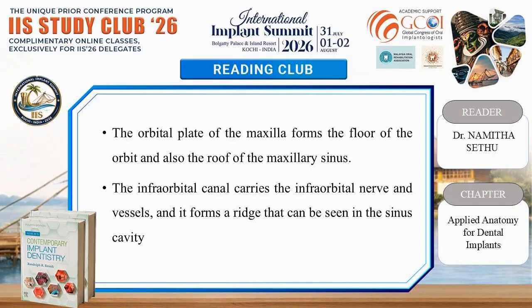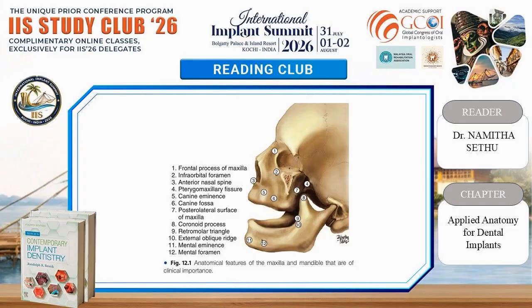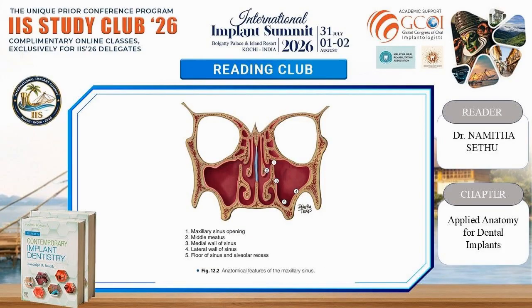The infraorbital canal carries the infraorbital nerve and vessels, and it forms a ridge that can be seen in the sinus cavity. Anatomic features of the maxilla and mandible that are of clinical importance: frontal process of maxilla, infraorbital foramen, anterior nasal spine, pterygomaxillary fissure, canine eminence, canine fossa, posterolateral surface of maxilla, coronoid process, retromolar triangle, external oblique ridge, mental eminence, mental foramen.